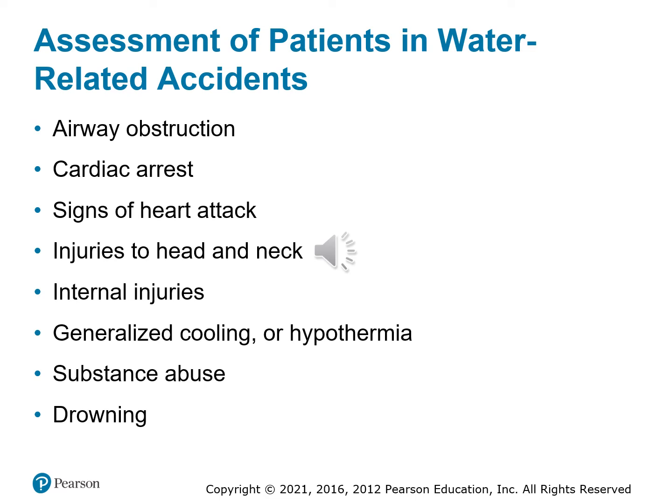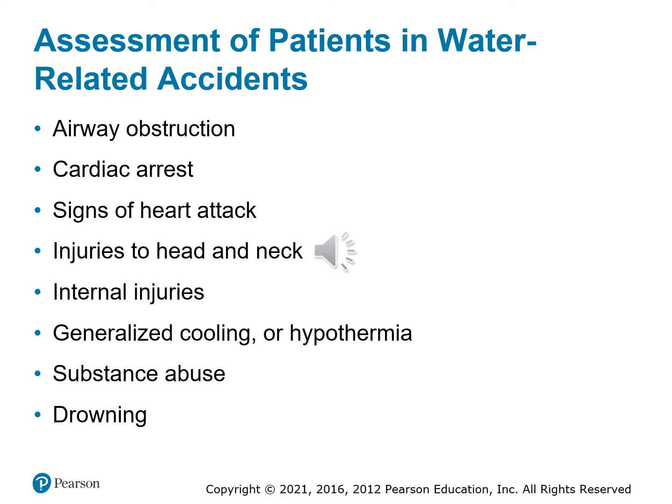So what are some of the key assessment findings that we're looking for? First one's going to be airway obstruction. Most commonly it's going to be caused from water in the lungs, but you could have foreign matter in the airway or swollen airway tissues if there's been a neck injury. You may also find spasms of the vocal cords in some cases of drowning.